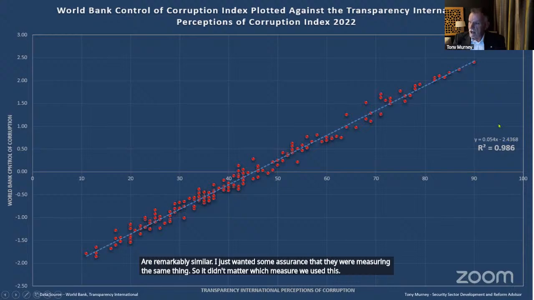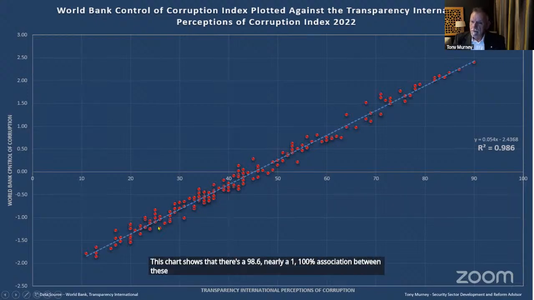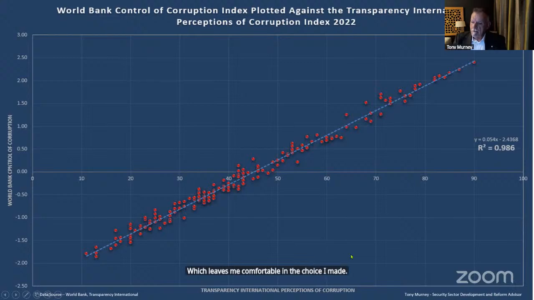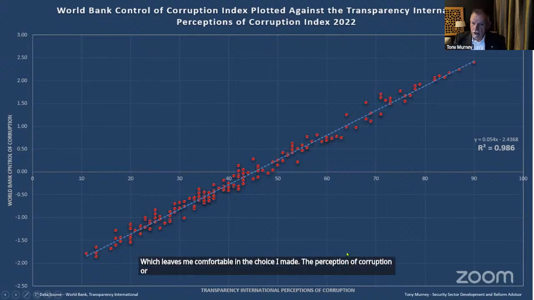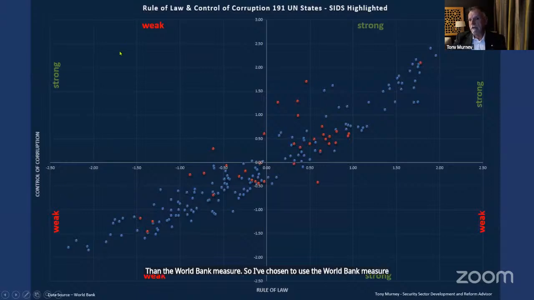This chart shows that there's a 98.6, nearly a 100% association between these two measures, which leaves me comfortable in the choice I made. The perceptions of corruption index has a smaller coverage, not a greatly smaller coverage than the World Bank measure. So I've chosen to use the World Bank measure, and that's what that's there for.